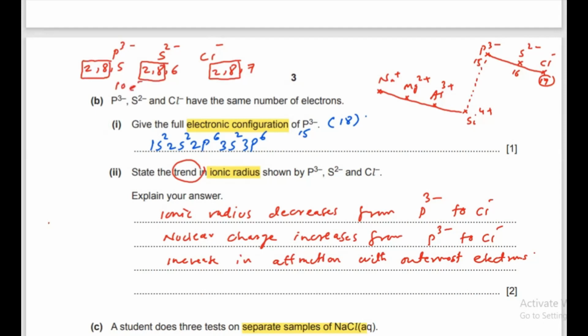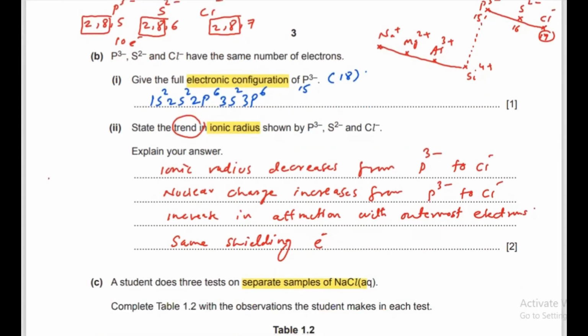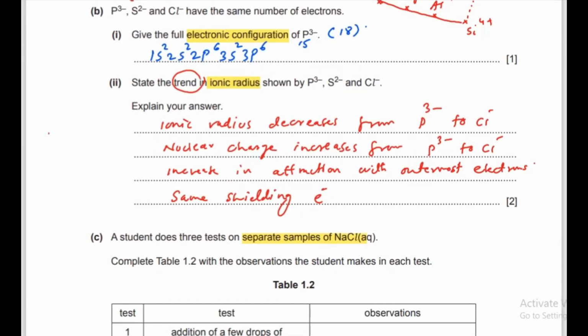So there are 10 shielding electrons, the same for each. Shielding electrons reduce the attractive forces between the nucleus and the outermost electrons. If the shielding electrons are the same as we move from left to right in a period, the shielding remains the same. So first of all, explain the trend: ionic radius decreases from P3 negative to Cl negative.